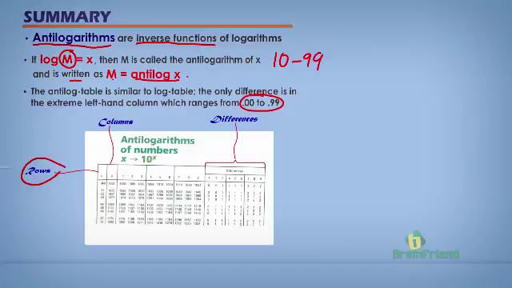We have our rows, the rows of our numbers, of course the range 0.00 to 0.99. Then we have the normal column and a special column which is called the difference. Just like the logarithm table, we said all of this is combined to help find the anti-logarithm of numbers.